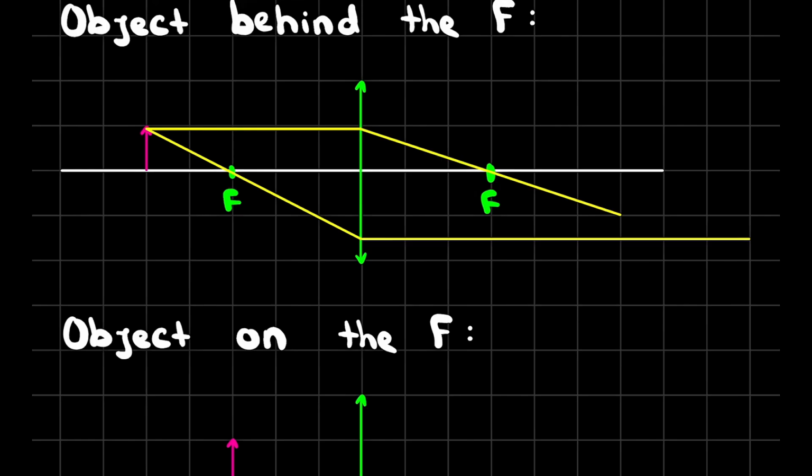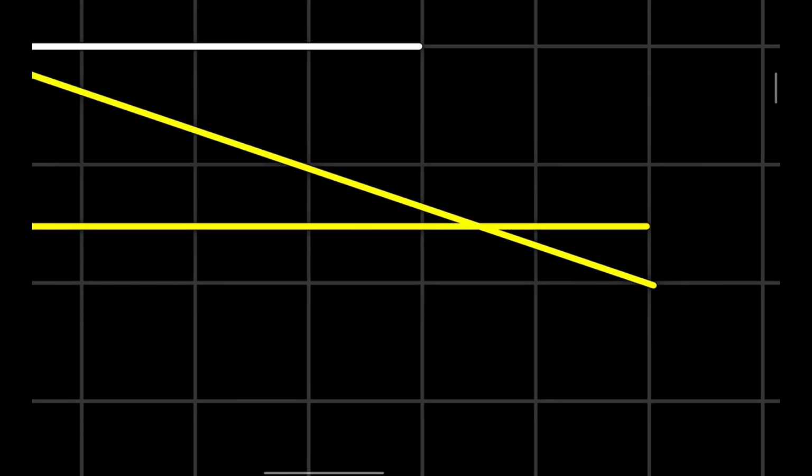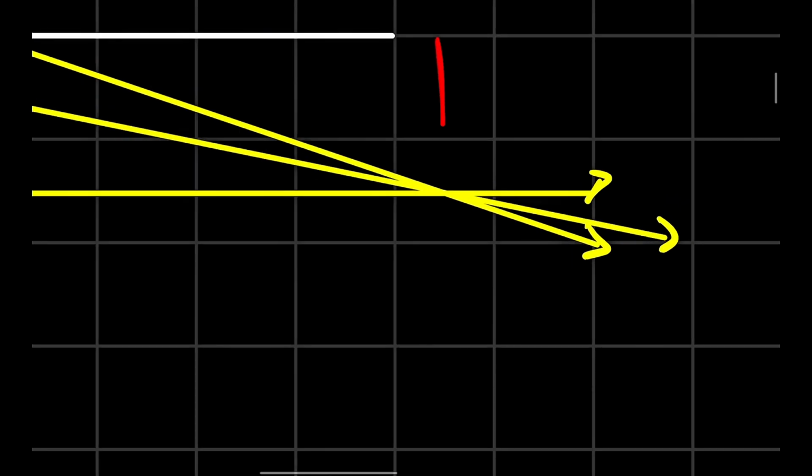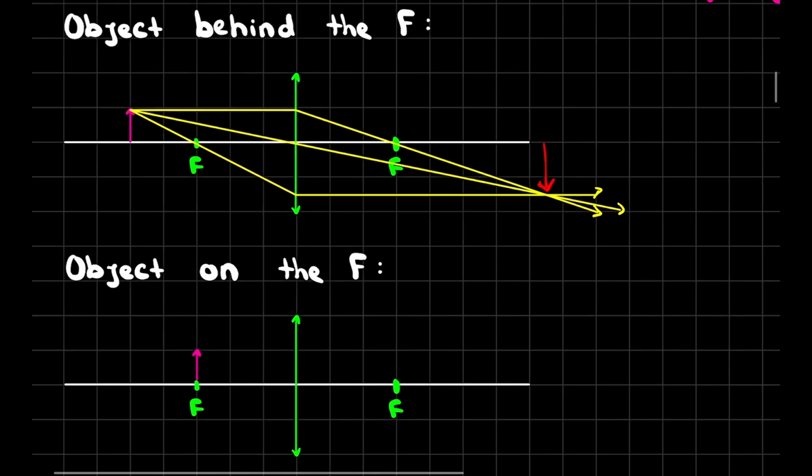Let's continue this line, maybe here. Okay, and you can see that we already have a cross here. Then we definitely know that the third line does not have any choice. The line which goes straight to the center does not bend at all, it just goes through. And you can see that it's almost there. These 3 lines cross here, then definitely our image would be something like this.